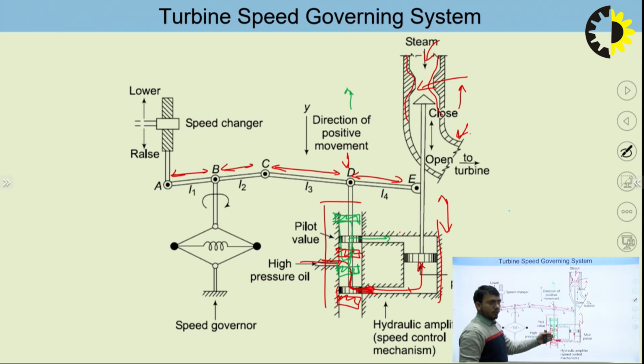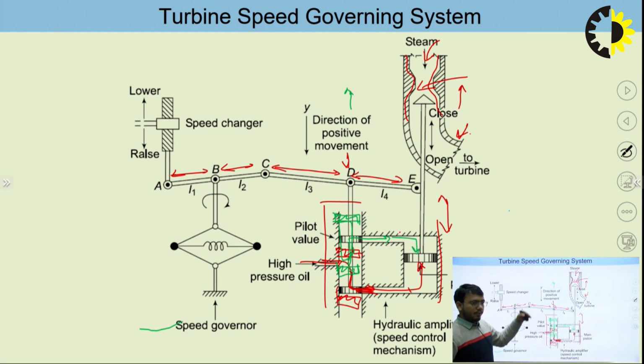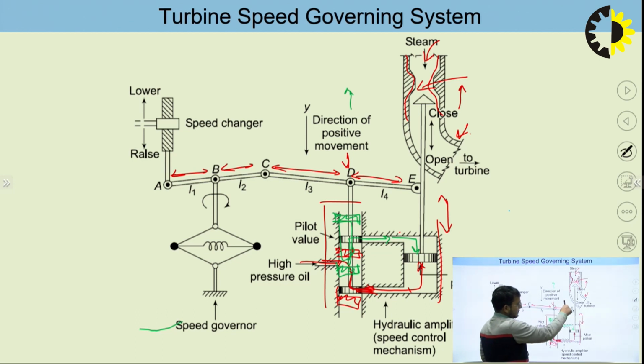Now when oil moves from this direction, it will exert a force from above on the main piston, and the main piston starts moving downwards, right? So whenever there is a downward force, you can see this valve moves downwards and it opens up. So whenever it opens up, more steam can be injected to the turbine.